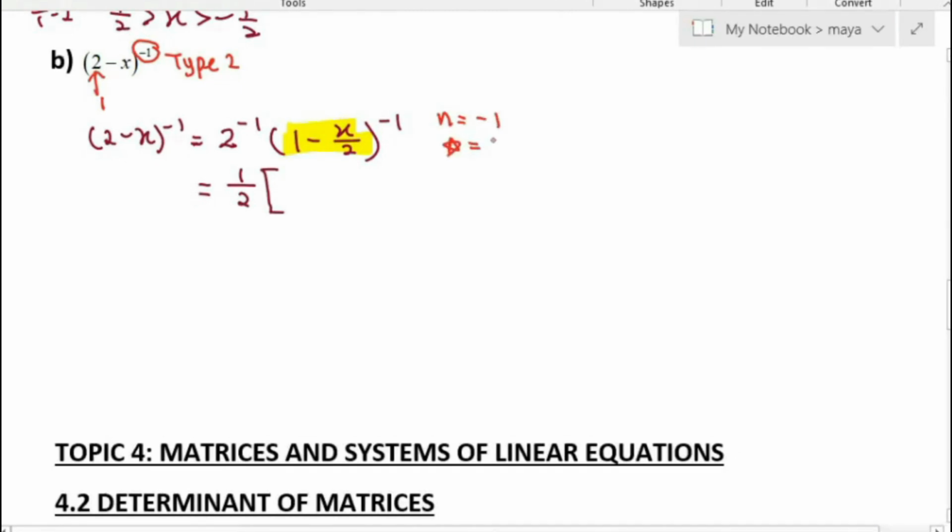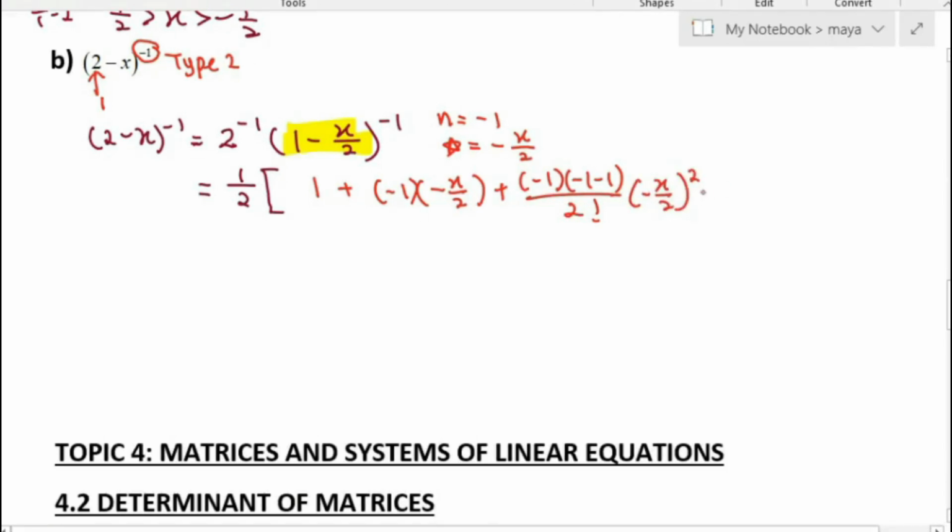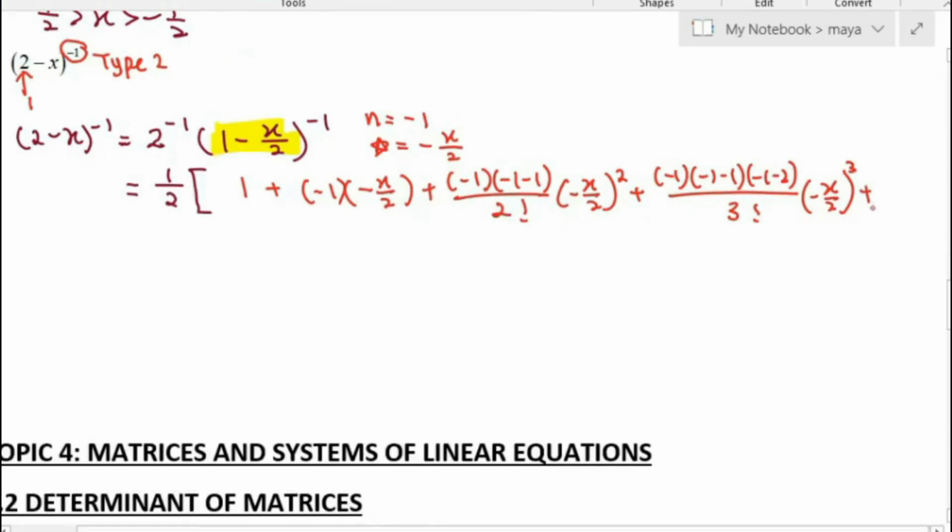Our expansion here will be negative x over 2, plus n times, and then plus n minus 1 over 2 factorial, then this one squared, and n minus 1, n minus 2, 3 factorial, to the power of 3 and so on, and then close back the bracket.